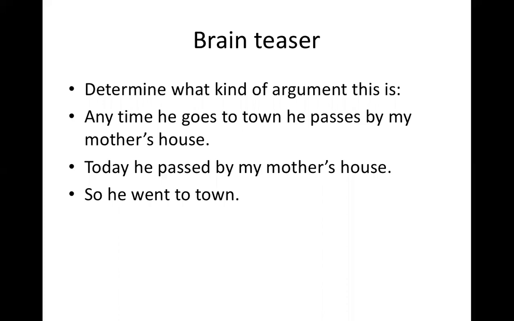Anytime he goes to town, you get the antecedent, and then he passes by my mother's house will be the consequence. So anytime he goes to town is the antecedent. He passes by my mother's house becomes the consequence. Okay, so today he passed by my mother's house. So looking at the second premise, what type of argument is it?